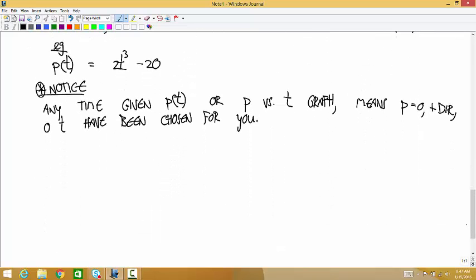All right, so the next idea we need to define is instantaneous velocity. The instantaneous velocity is also a function of time. At different times you have different velocities.